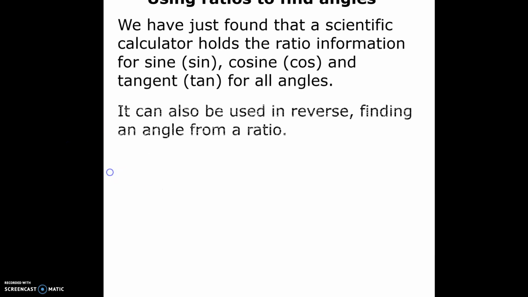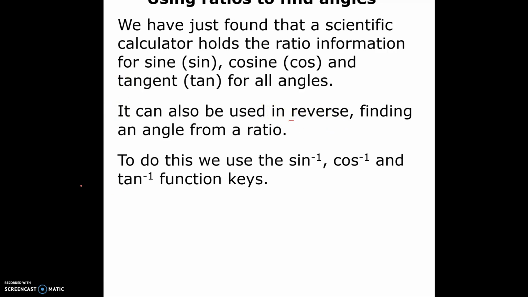So you're going to want to make sure you know those ratios, and then we're going to use those to find angles. When we're looking for angles, we use what's called the inverse. To do this, we use sine -1, cosine -1, and tangent -1. This -1 just means inverse, and you only use the -1 when you're looking for an angle.